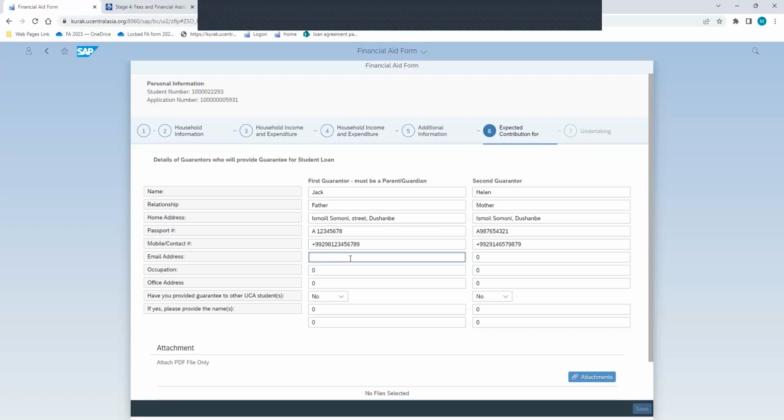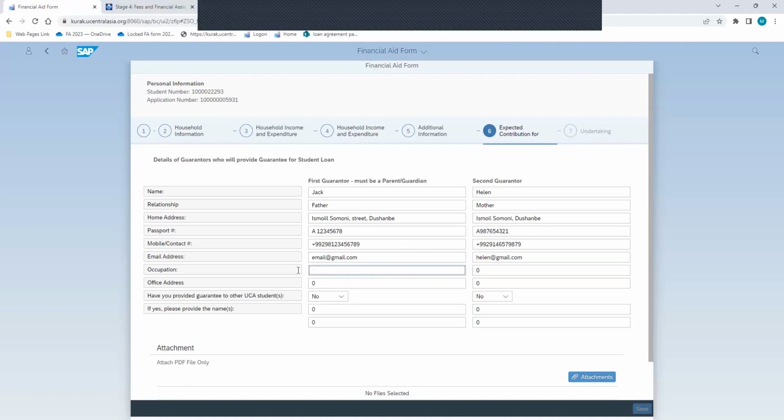This is just for demonstration. So email, here's the email address I'm using. Assume that I'm writing down my father's email, then I'm writing down my mother's email, Helen at gmail.com.